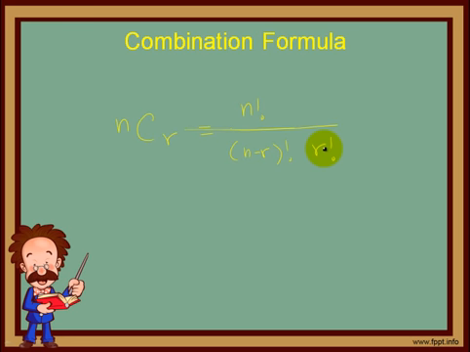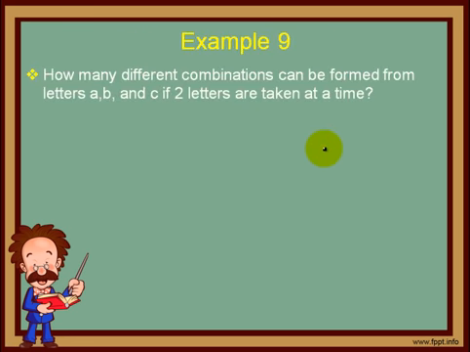So, let's continue. How many different combinations can be formed from letters A, B, and C if two letters are taken at a time? So, nangutana na siya pila kabuok different combinations. And in this case, the formula can be used as nCr.